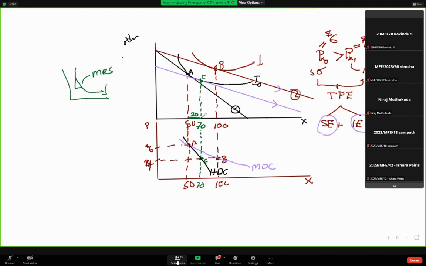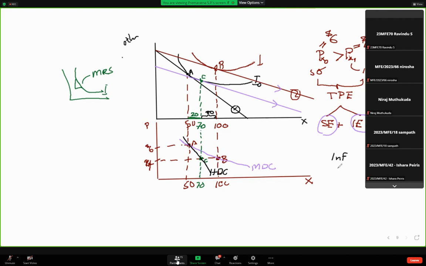Now here, in this particular example, the income effect is also positive, that is 30. Both have the same positive reaction, a normal good. Now in an inferior good, the income effect is negative.